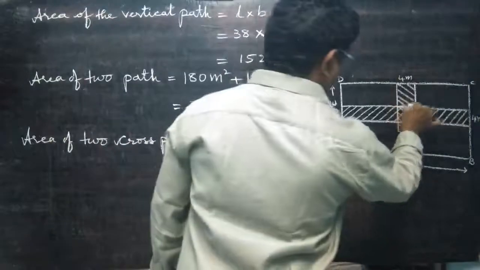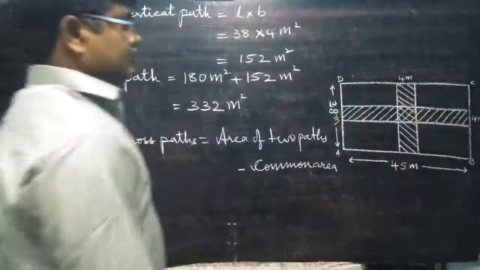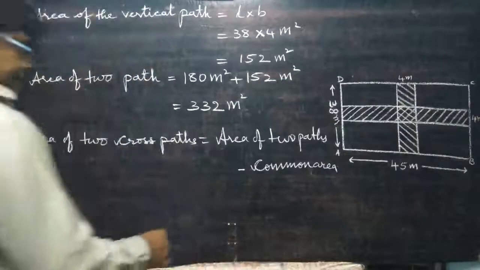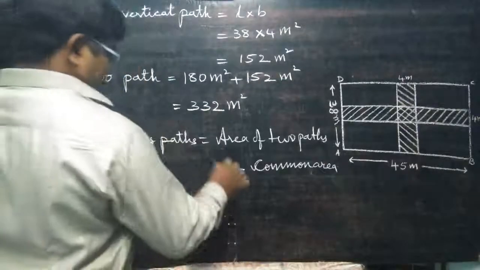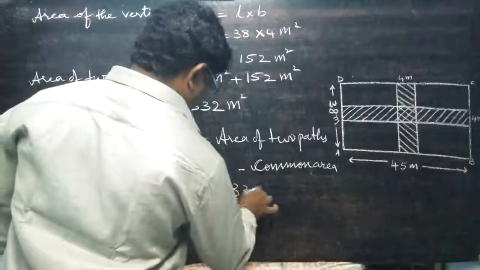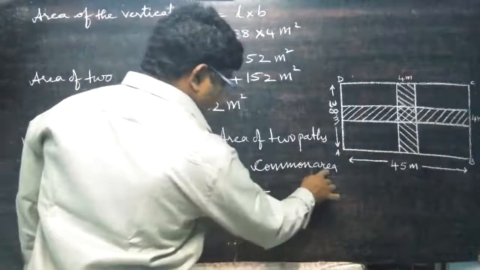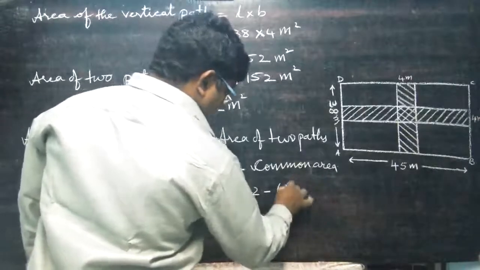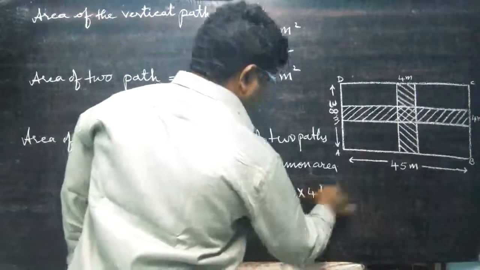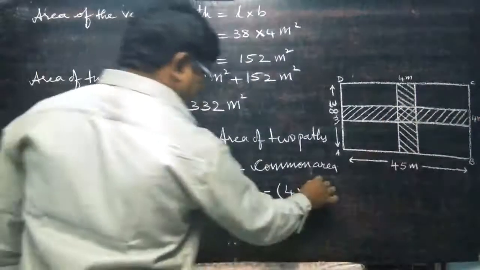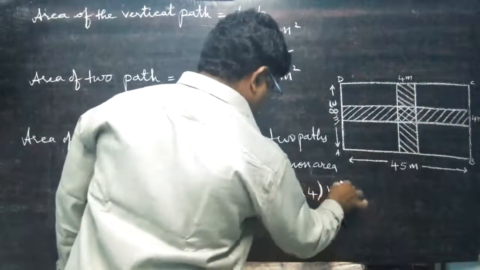This is called common area. Intersecting. That also we have to find. That is equal to 332. The common area is in square shape. Area of this is 4 into 4. Width 4, breadth 4. This is square. 4 into 4 meter square.